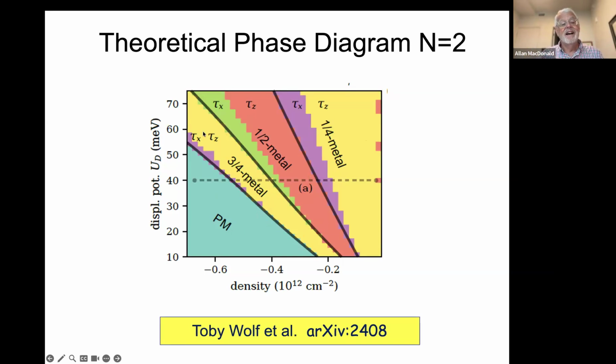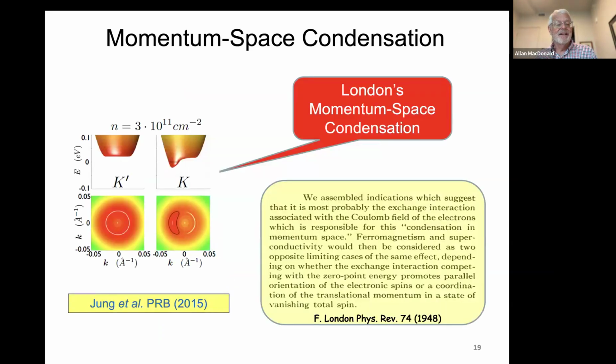In all of the mean field theories, with some adjustable parameters, you can sort of capture main features of the phase diagrams. You get these states in which three of the four available spin valley flavors are occupied, and for some reason they never appear experimentally.